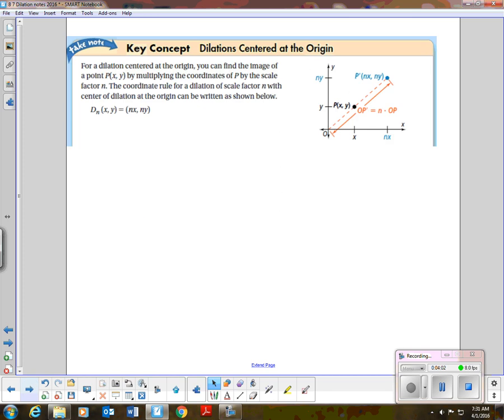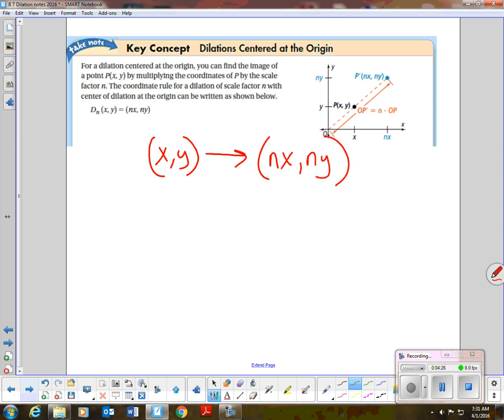All right, so for dilations that are centered at the origin, you can find the image of a point, so any point like P, which is (x, y), by multiplying the coordinates of P by the scale factor. So when we look at this, (x, y) changes to (nx, ny), or whatever you have that you want to use for a scale factor here.